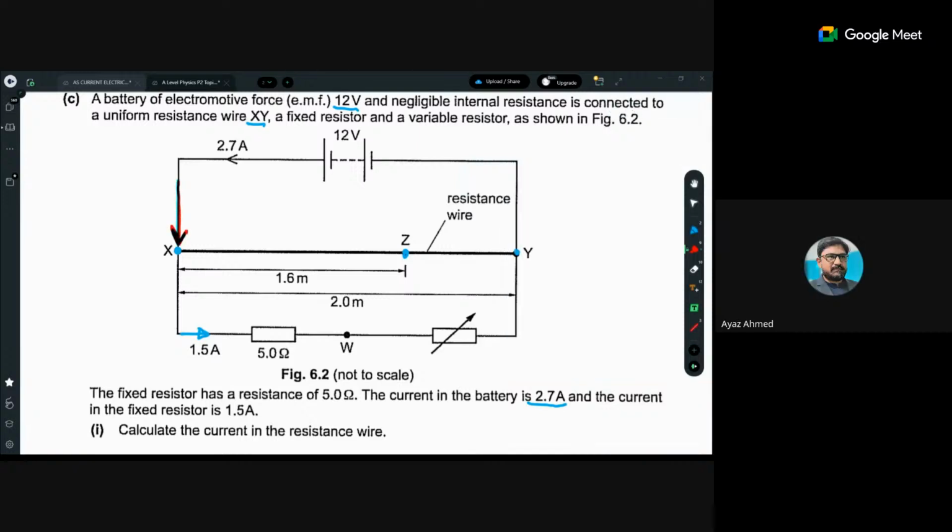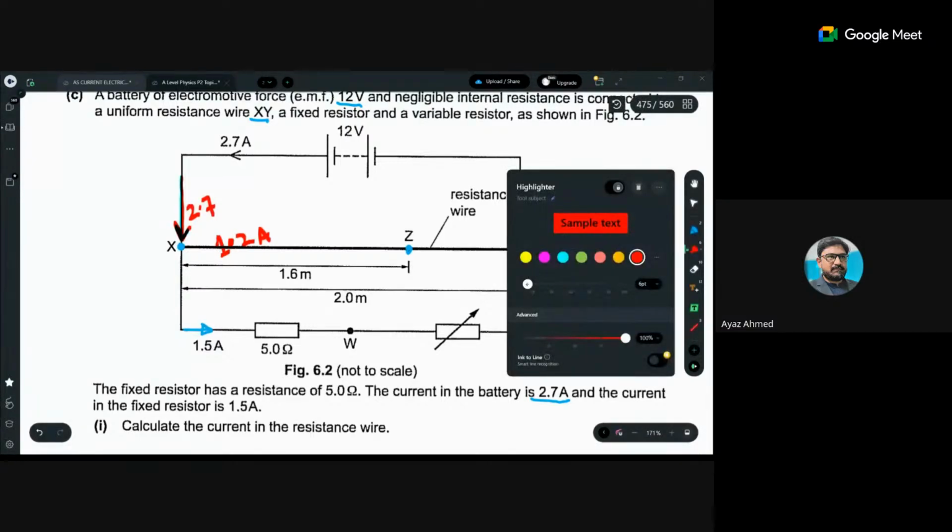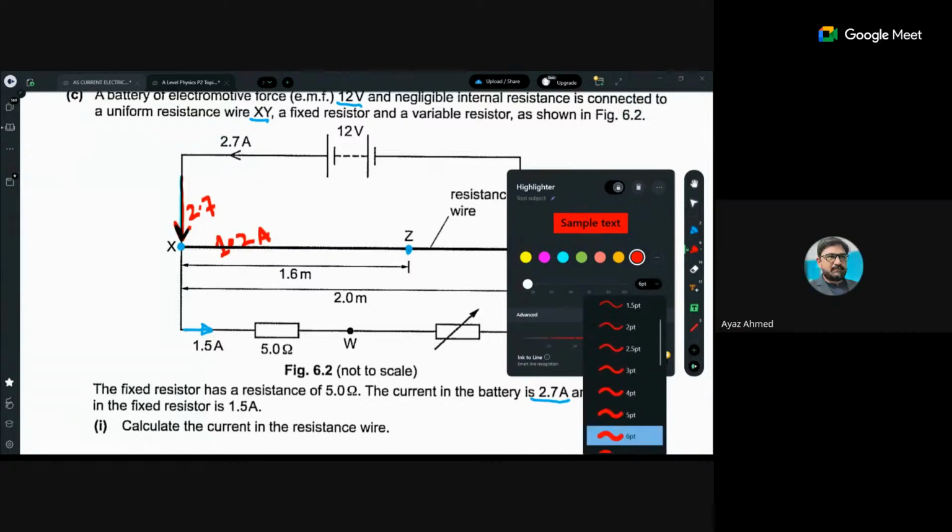Are you people getting it? So out of 2.7, here the current reaching is 2.7, and here if it was 1.5, so 1.2 ampere will be left behind. Is it clear? Yes sir, clear.